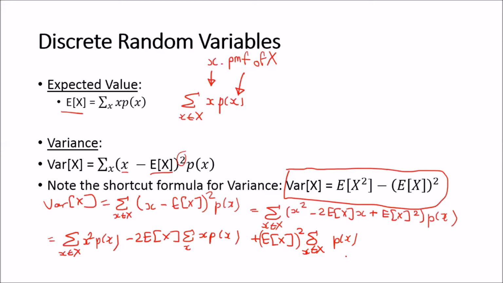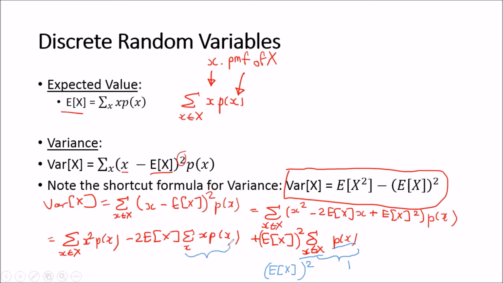Now, in my discussion about the probability mass function, I already gave you the result that this summation sums to 1, because we're summing over the entire support of the probability mass function.